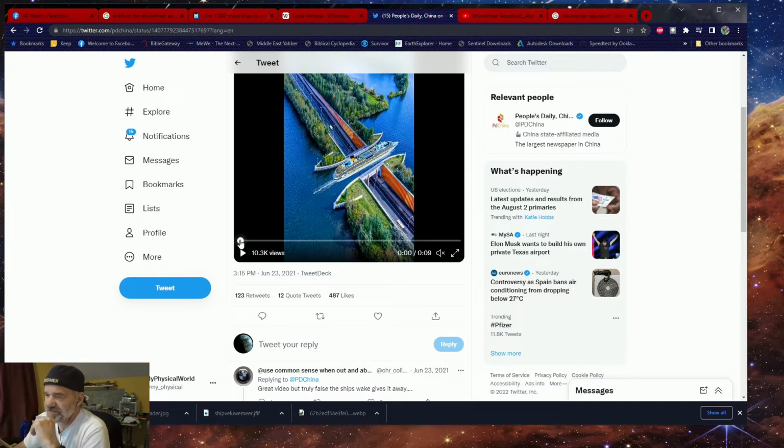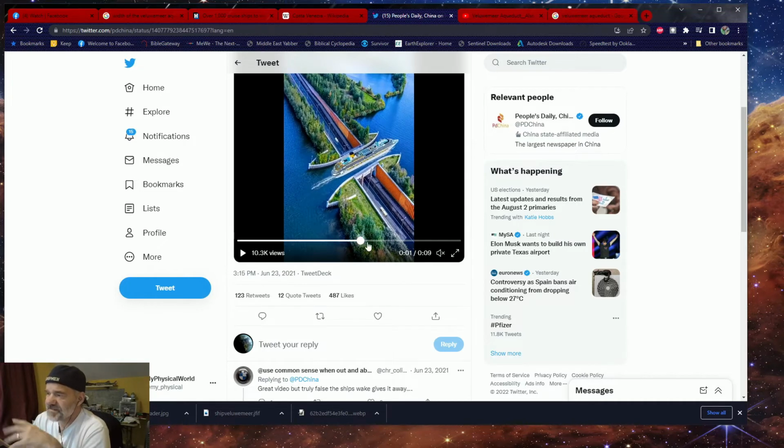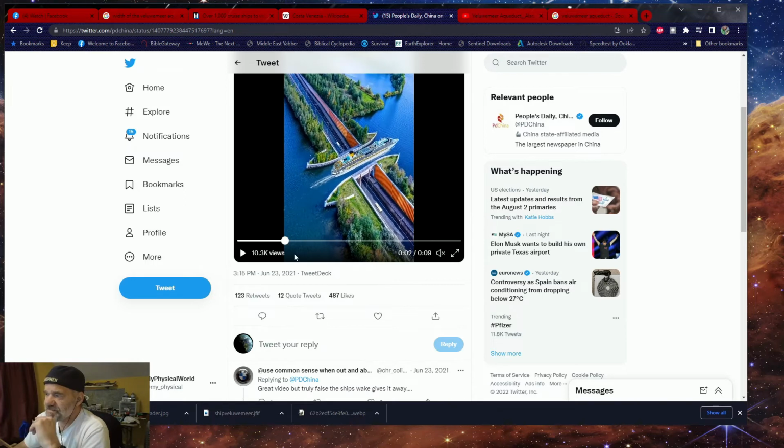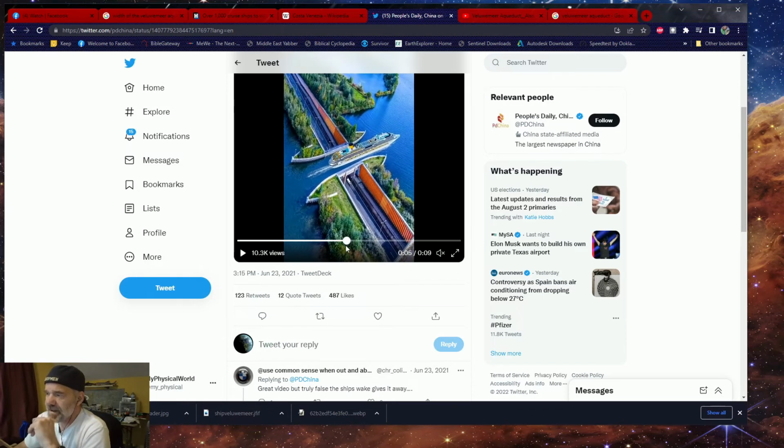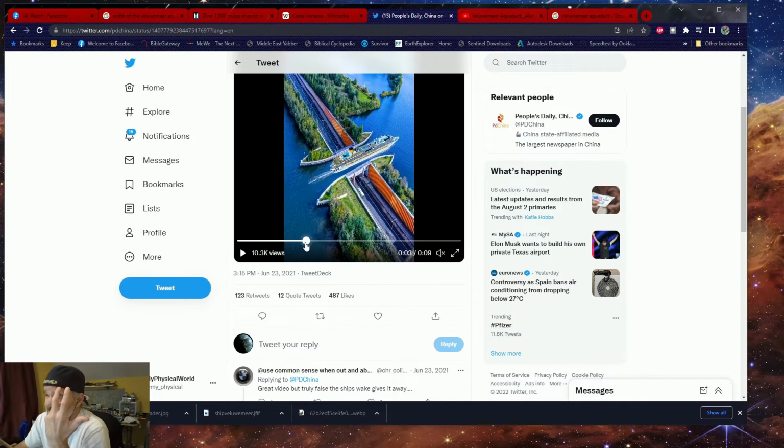Lousy animation. Even I can do better than that. But the ship is two-dimensional. There's just no contrast. There's no thought into the direction of the light. Okay, shadows, nothing.